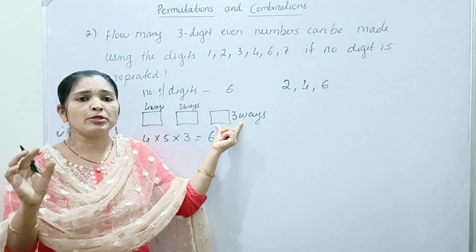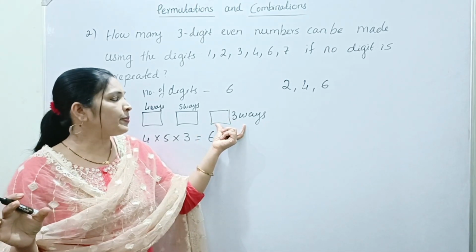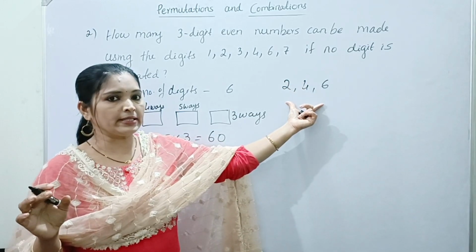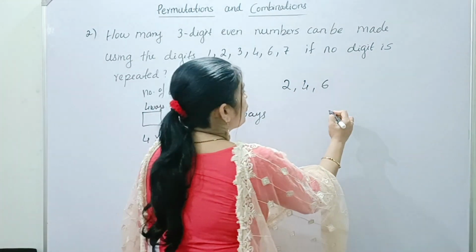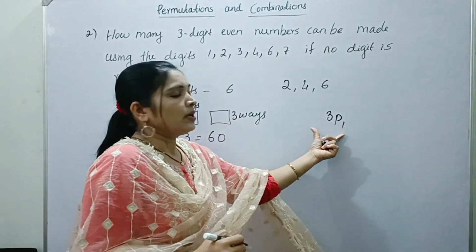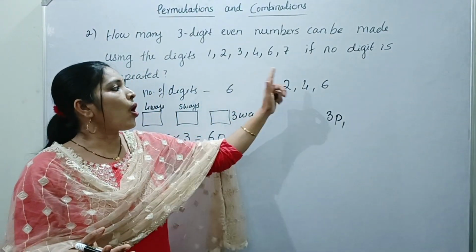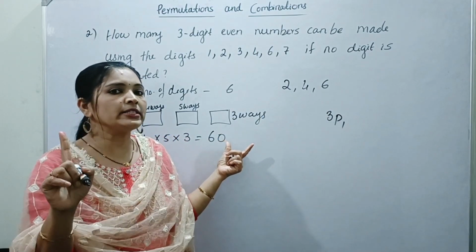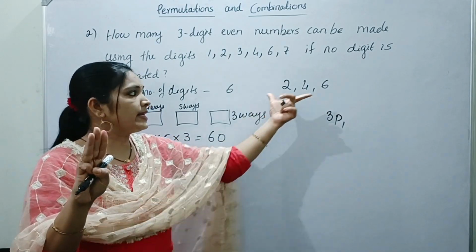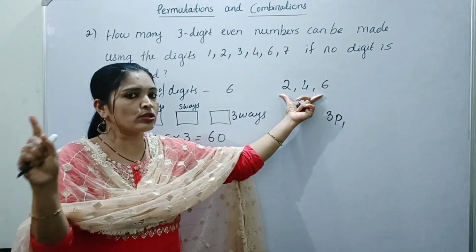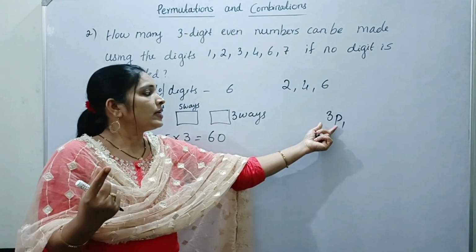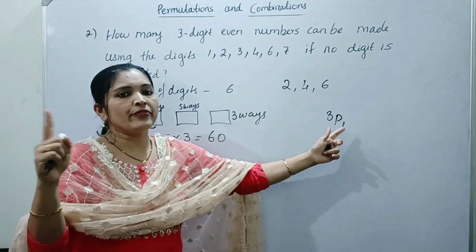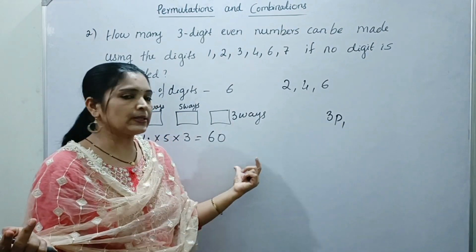The unit place is filled from 3 digits, that is 3P1, writing either 2, 4, or 6, taken one digit at a time. From 3 digits, 2, 4, 6, taken one digit at a time: 3P1, 3 factorial divided by 2 factorial, you will get 3.